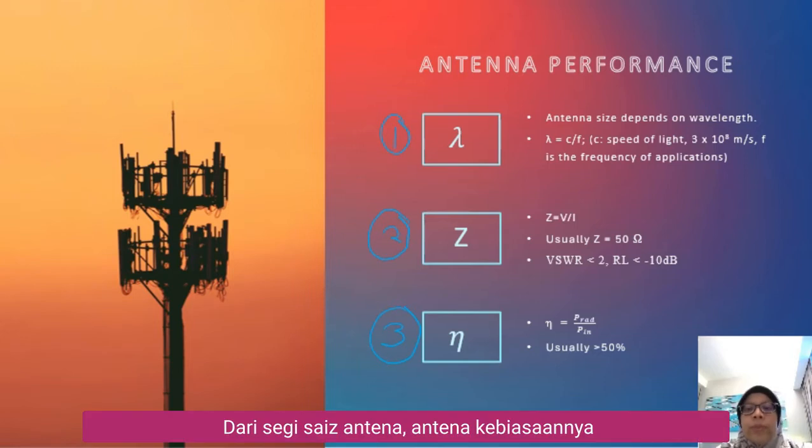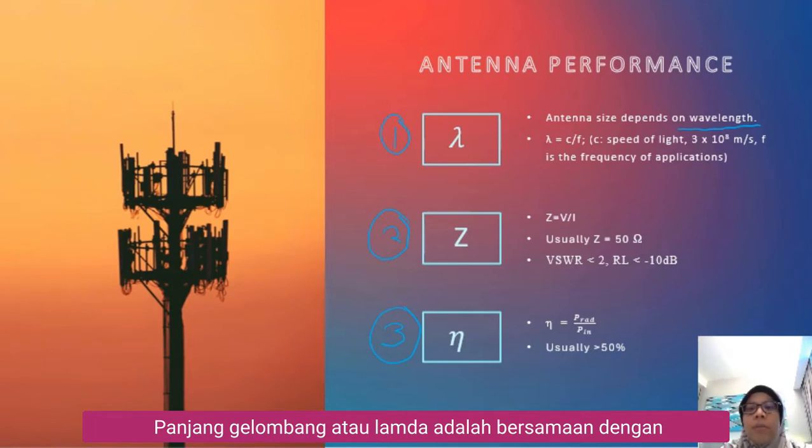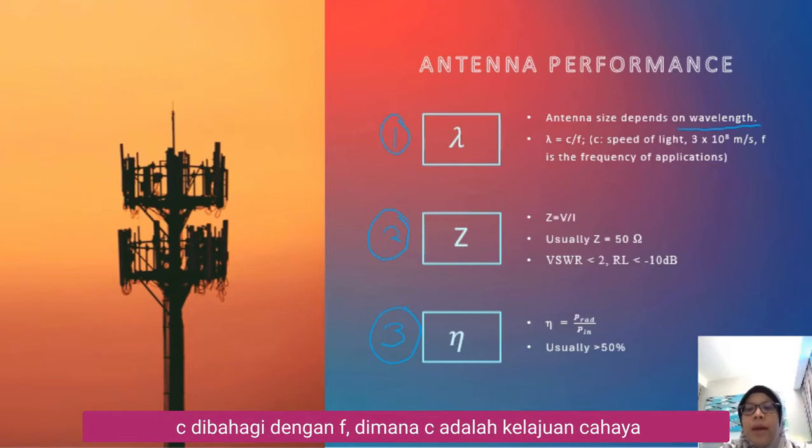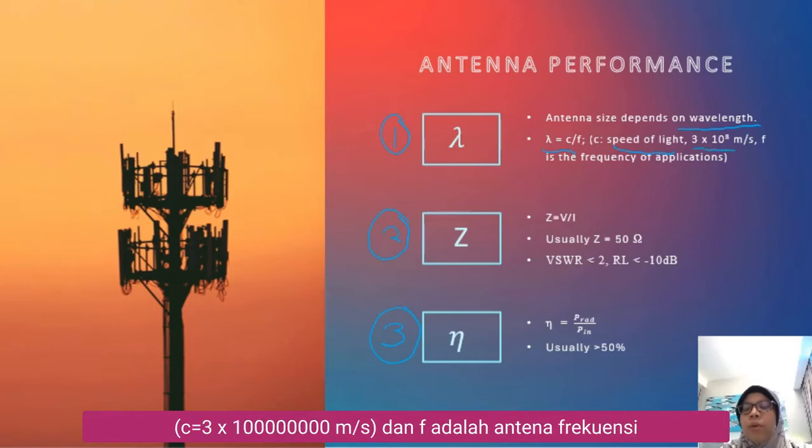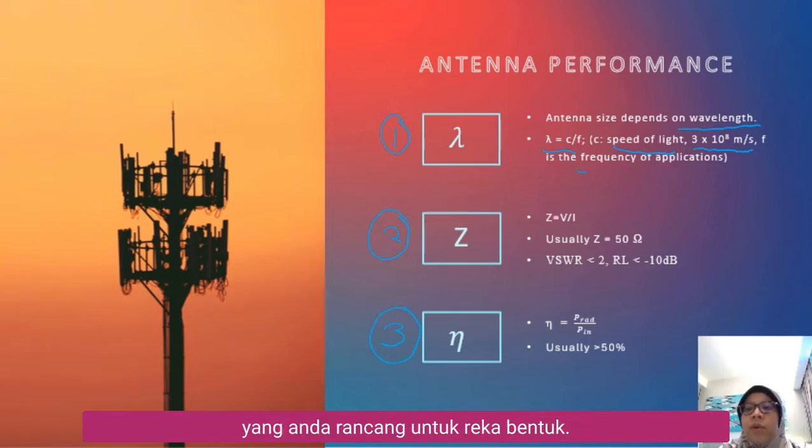In terms of the size of the antenna, antenna size is usually expressed in terms of wavelength. Wavelength, or lambda, is equal to C divided by F, where C is the speed of light, which is equal to 3 times 10 to the power of 8 meters per second, and F is the frequency of the antenna that you are planning to design.